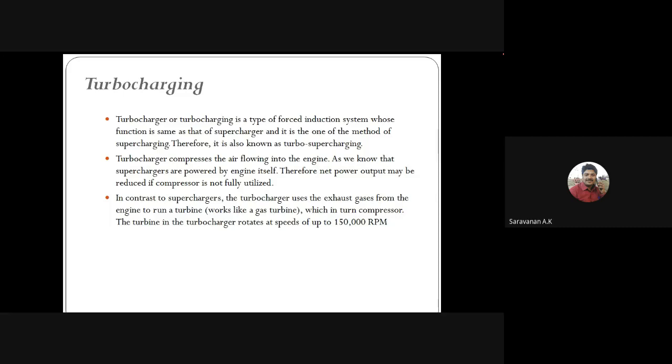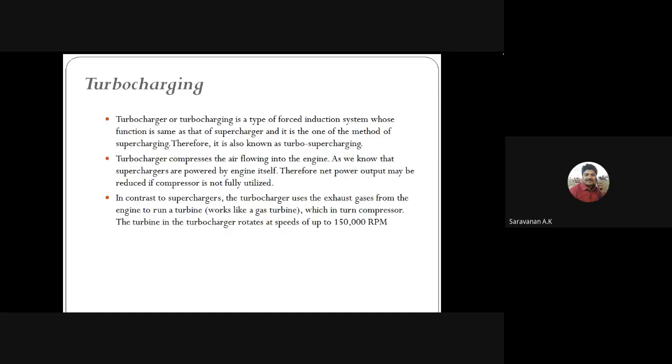From the engine itself, the exhaust gas is produced, and that exhaust gas passes through the exhaust manifold and the silencer, and out to the atmosphere. Meanwhile, the turbine runs from the exhaust produced by the engine.